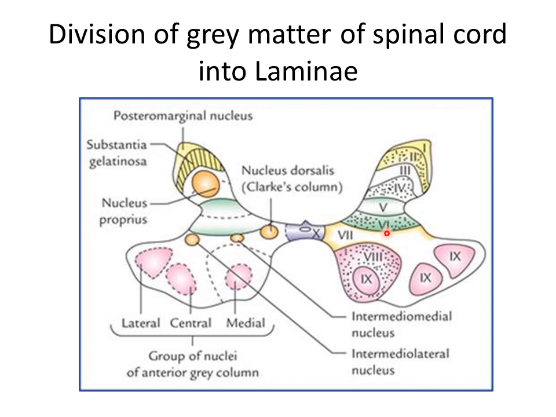Now, lamina 8 occupies most of the ventral horn in the thoracic segments, but at the level of the limb enlargement is confined to the medial part of the ventral horn. Now, lamina 9 is made up of various discrete groups of ventral horn cells. Lamina 10 forms the gray matter around the central canal.